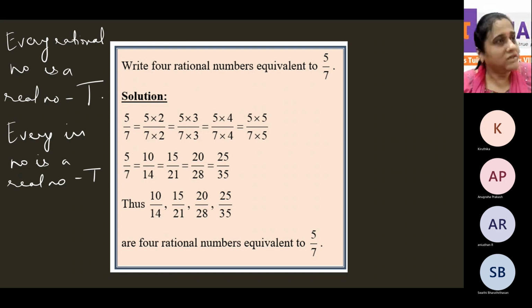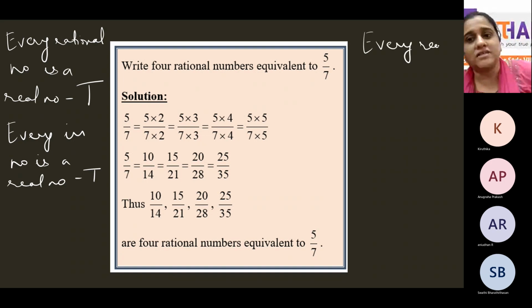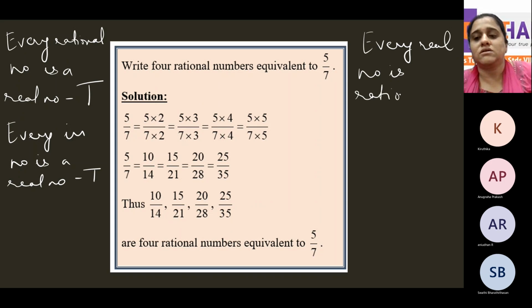is a real number. Yeah, true. Rational numbers are real numbers. Every irrational number is a real number. True. The other way, every real number is rational. So this is false because real numbers are both rational and irrational. But you're saying every real number is only rational.